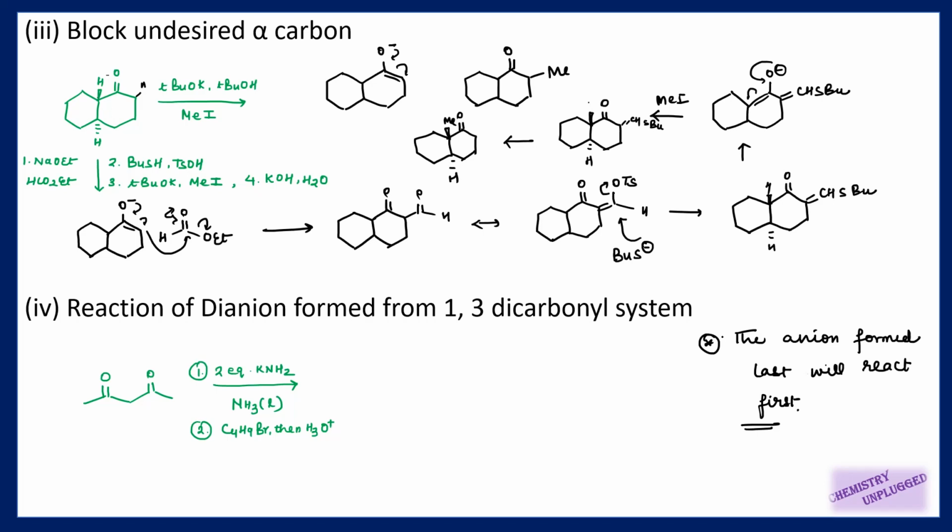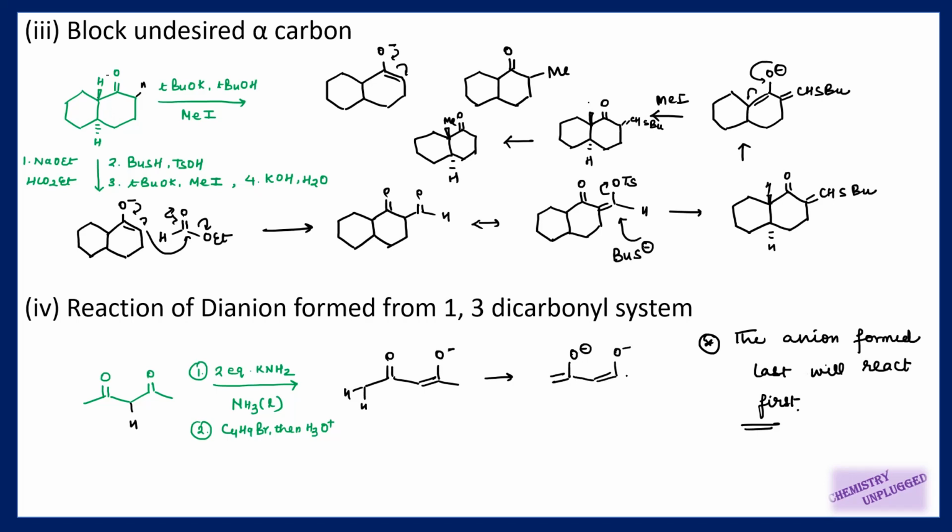So it is given that we have a 1,3-dicarbonyl system and we are using a base here. So this base will first remove this proton, so we have to synthesize our enolate like this, right? Now we are using 2 equivalents of this base. So the second possibility is, if I can remove this proton, I will get a second enolate formed at this carbon.